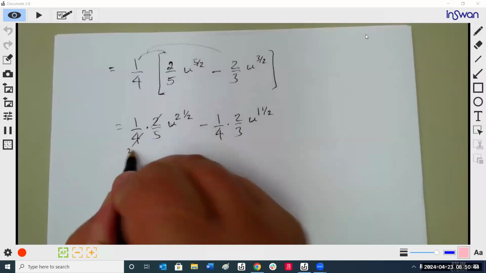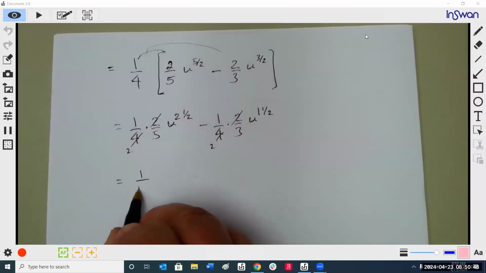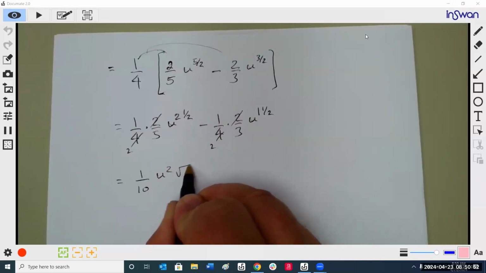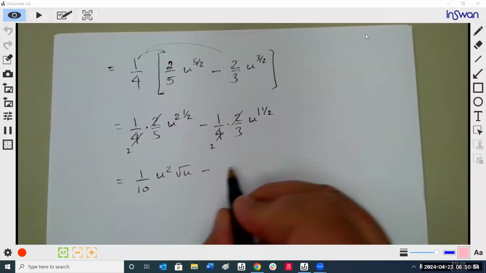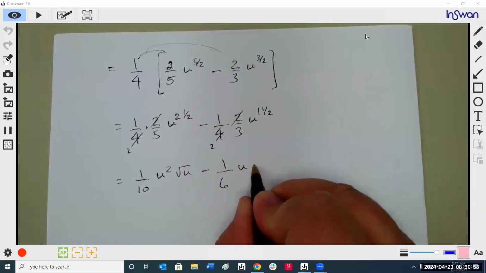The 2 and the 4 cancel, the 2 and the 4 cancel. So we have 1/10 u squared square root of u minus 1/6 u square root of u.